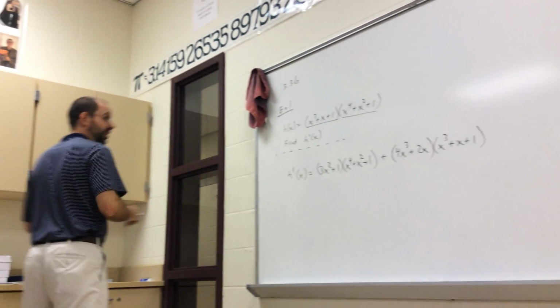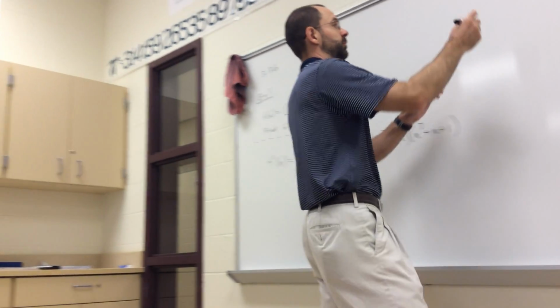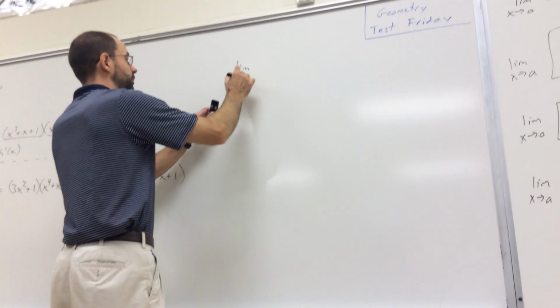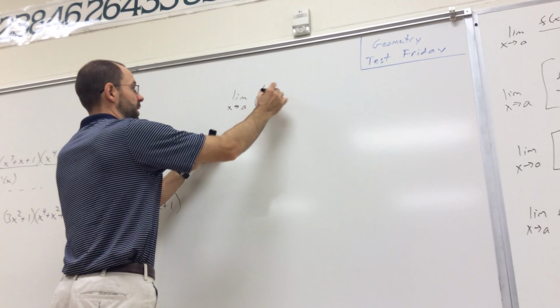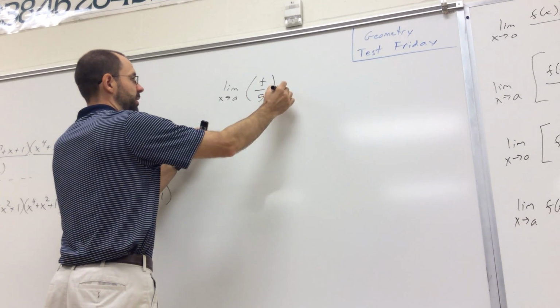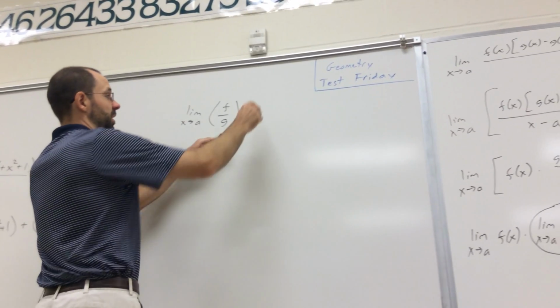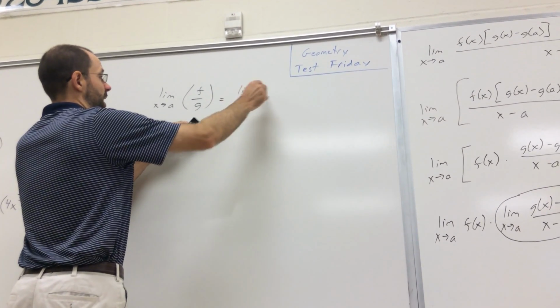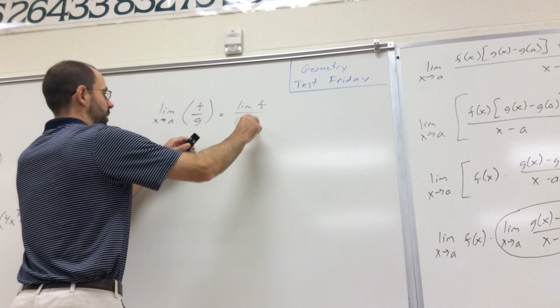Okay, so you had a limit law that said the limit of two things divided was the limit of the top thing divided by the limit of the bottom thing.